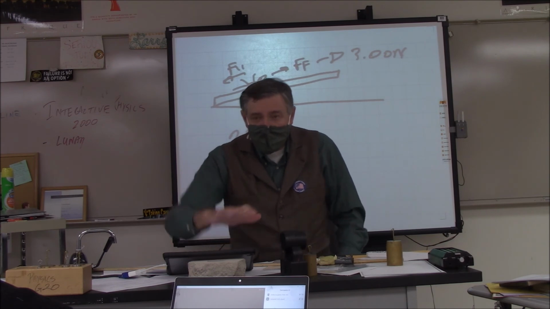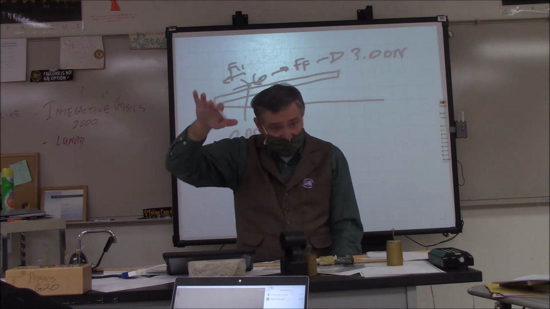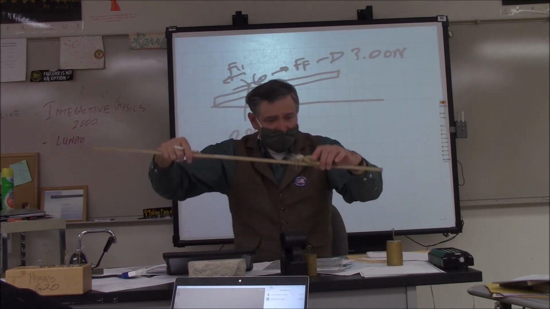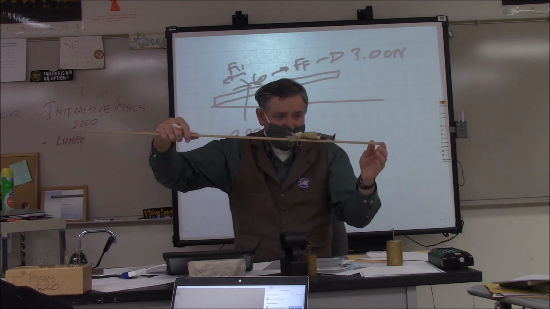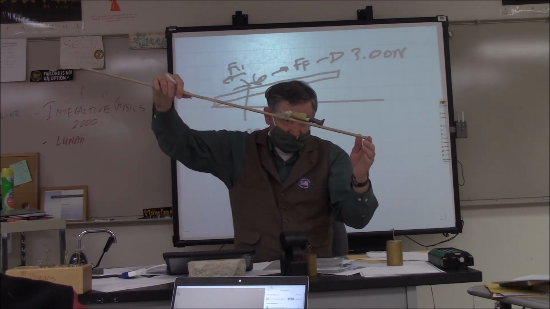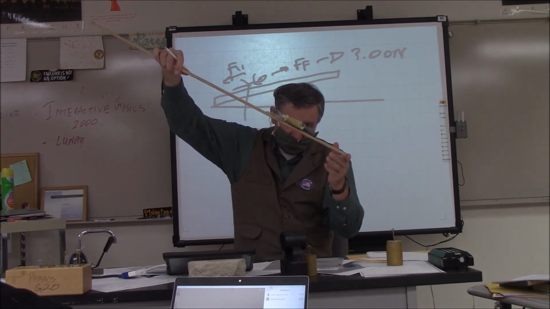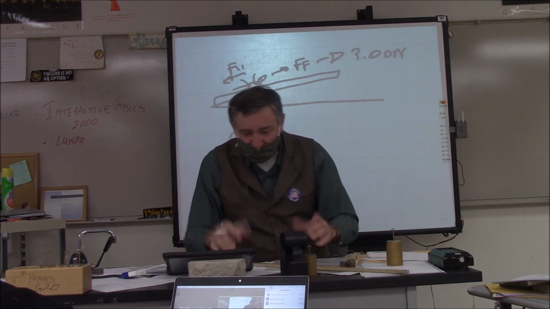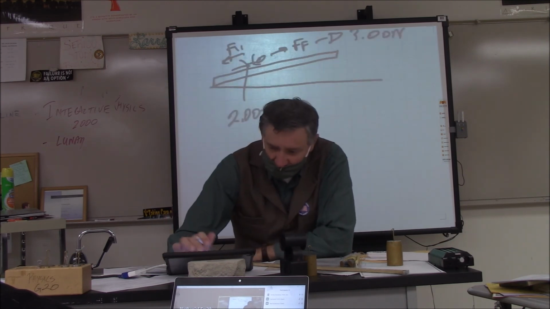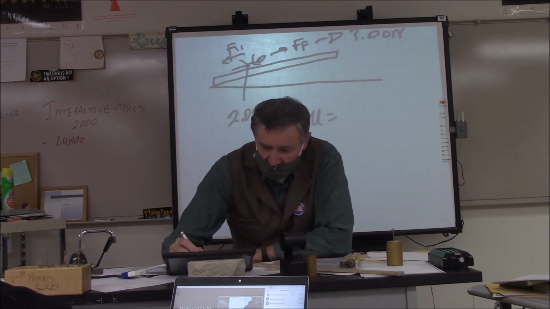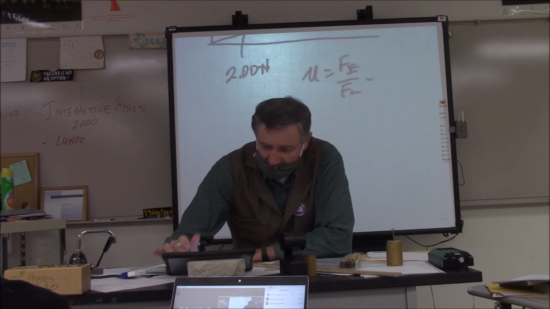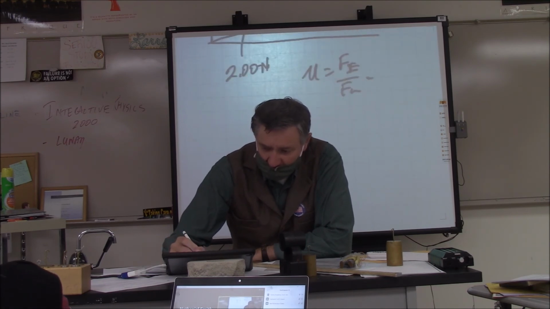Okay. So eventually this thing began to slide. You got Al, and if I lift this up, Al eventually begins to slide. There he goes. So we said, okay, mu equals force friction over force normal. We set that equal, you go through the math, you get tangent theta.